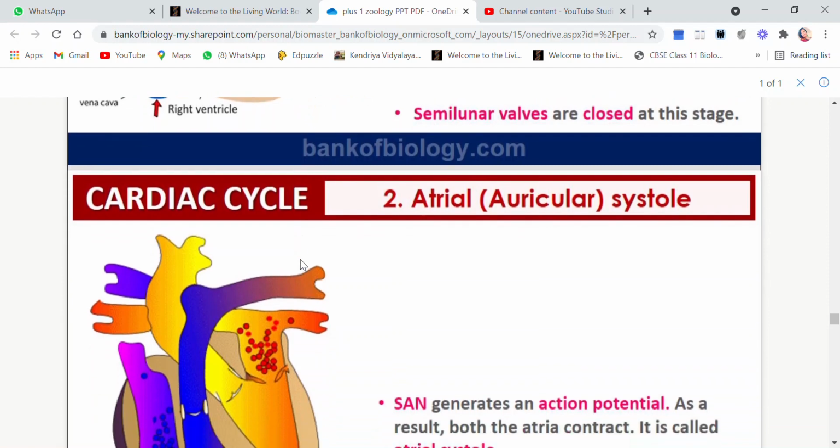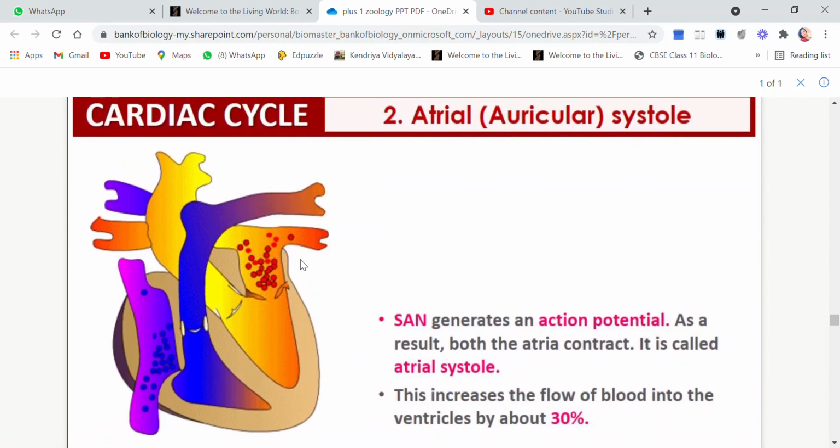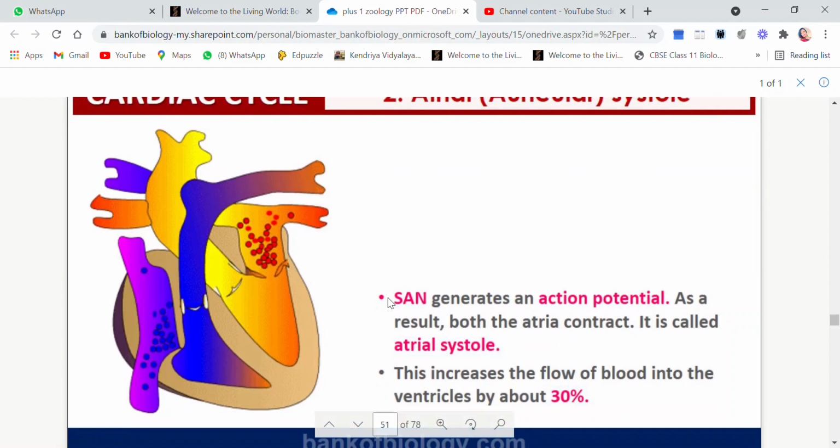After this, the second stage comes as atrial systole. Now, atrial systole means, as you must have understood, that the atria or auricles are contracting. So who will give them the message or the instruction to contract? Of course, the SAN. The SAN will generate an action potential.